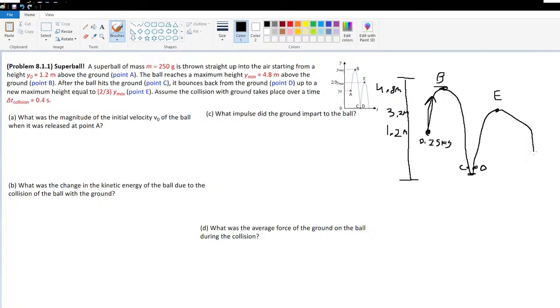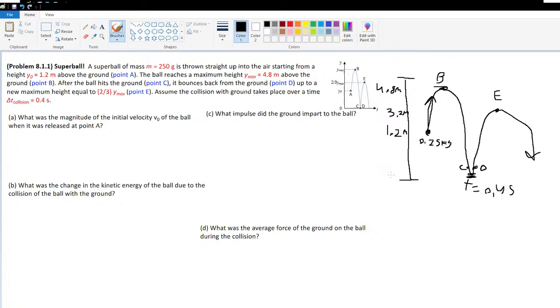And then it comes back down. Oh wait, hold up. Yes, and this intermission on the ground where it's bouncing takes a total time of 0.4 seconds.